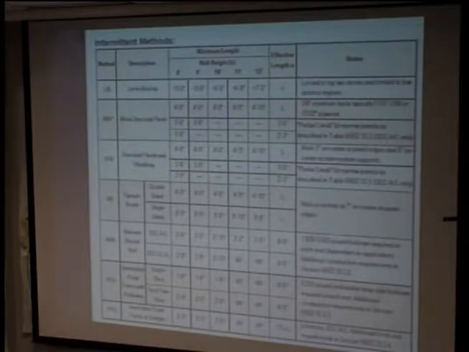It used to be method 1, 2, 3, 4, 5, 6, 7, 8, and you'd have to refer back to the code. Well, what the heck was method 3? Now they've done it to where it's just LIB, WSP. It's easier to remember what they are. So the first column gives you your method, the next one over gives you your description, and then it gives you your minimum length: how wide, or what's the narrowest that could be, to qualify as a braced wall panel.